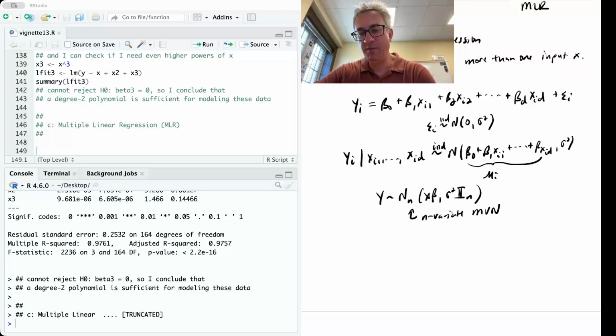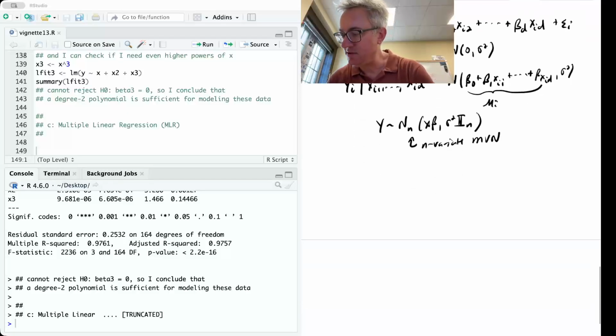We talked a little bit about bivariate normal distributions in chapter 7, so that would be n equals 2. But here I might have n equals 100 or something like that, number of data points, and my y is a draw from a multivariate normal with a mean that is an X matrix times a beta vector, which I'll explain in a moment, and the covariance is an identity matrix times sigma squared.